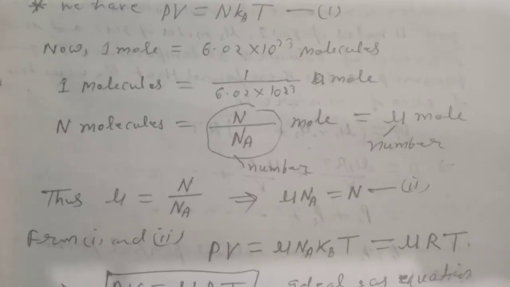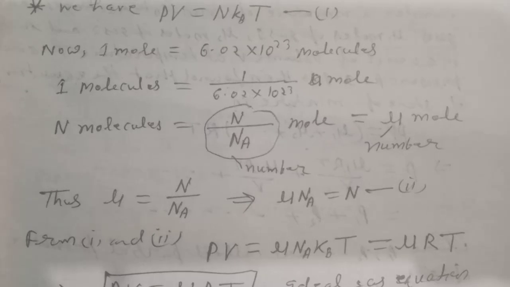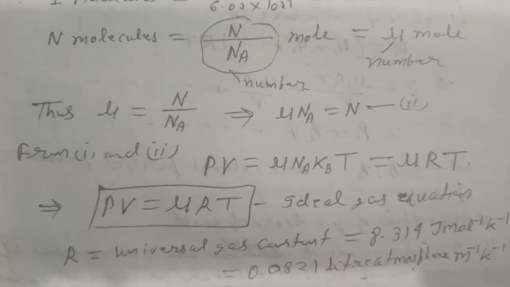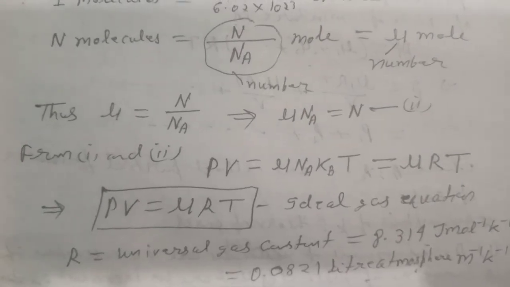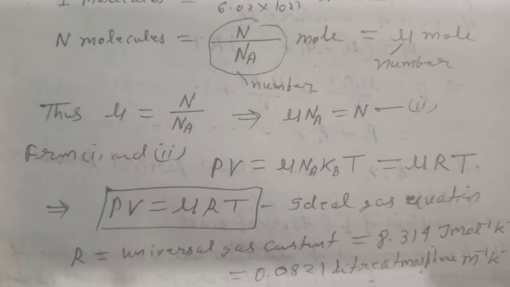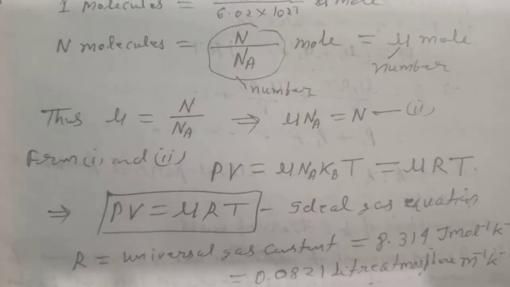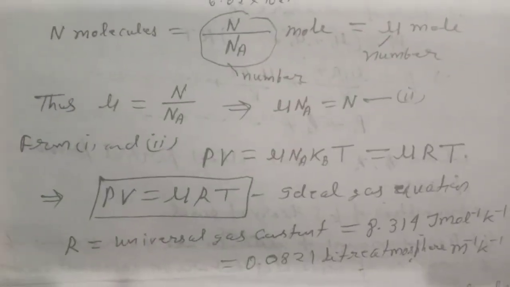Thus mu equals n/N_A, where mu represents the number of moles, n represents the total number of molecules, and N_A is the Avogadro number. This implies mu N_A equals n.